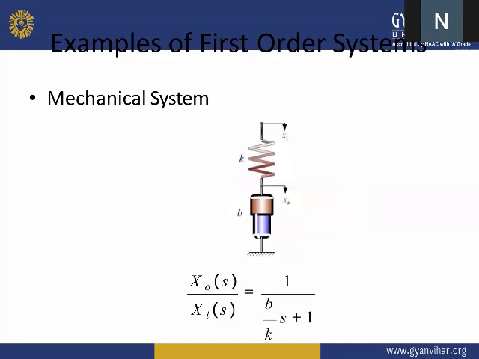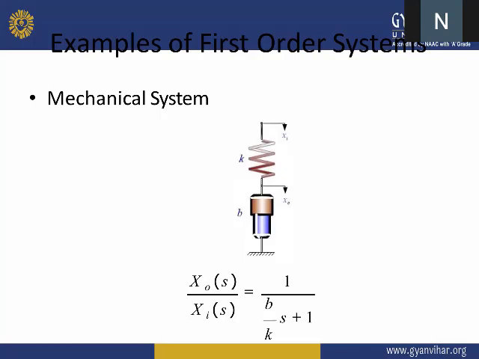This is an example of a mechanical system. We have one damper and one spring. When the displacement is made with respect to x naught with the damper, we have a displacement with respect to the spring with xi. So when we compress it, the displacement in the spring causes the displacement in the damper.